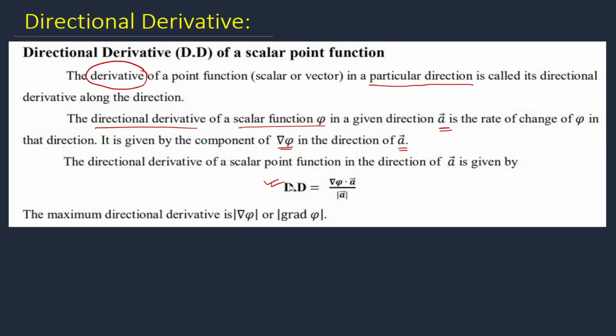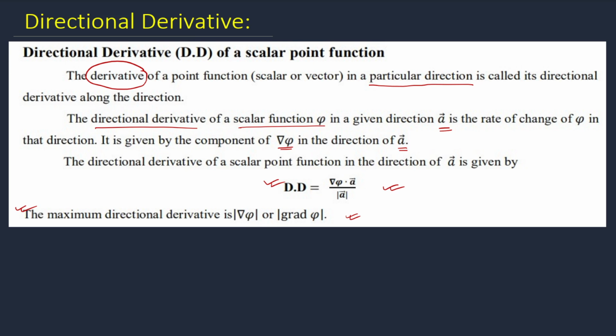So the formula is gradient of phi dot a bar, divided by the magnitude of a bar. The maximum directional derivative is obtained by the modulus of grad phi. So there are two formulas: one to find the directional derivative of a function, and one to obtain the maximum directional derivative.